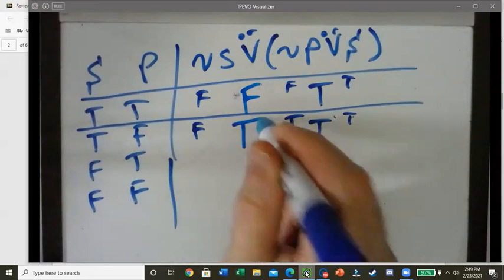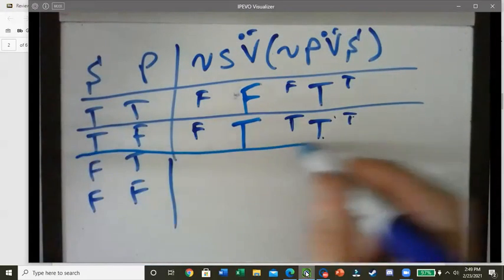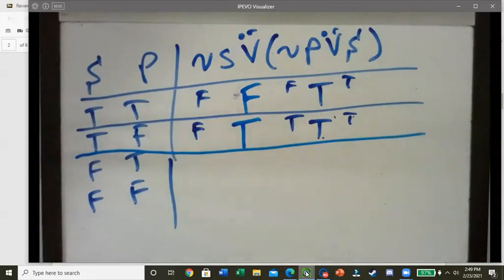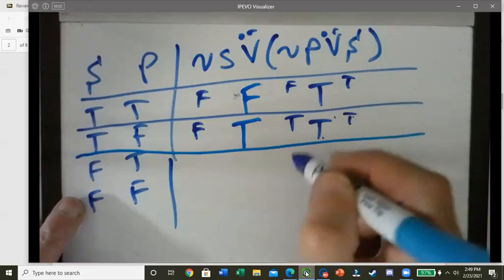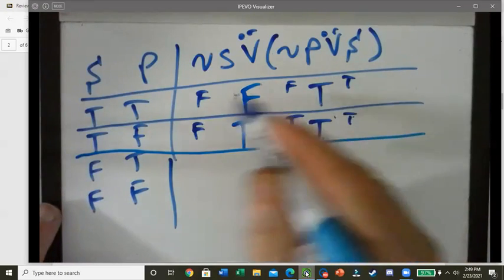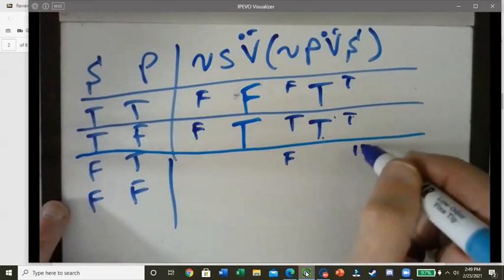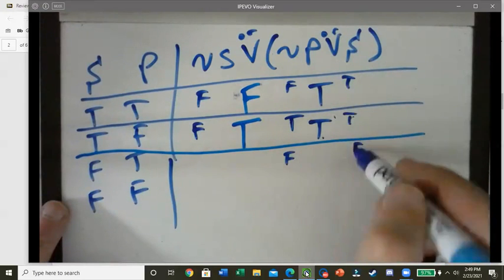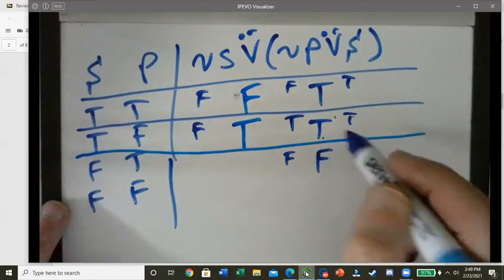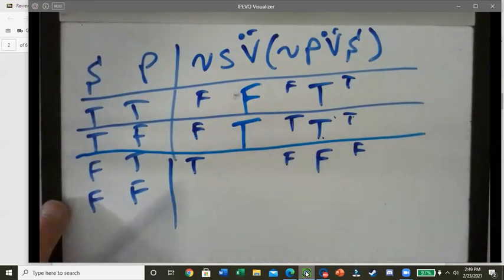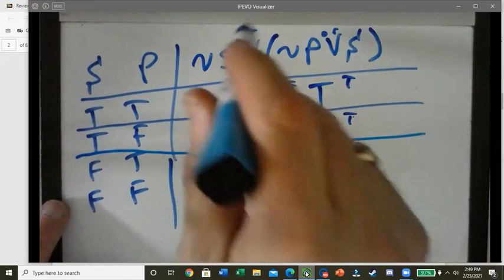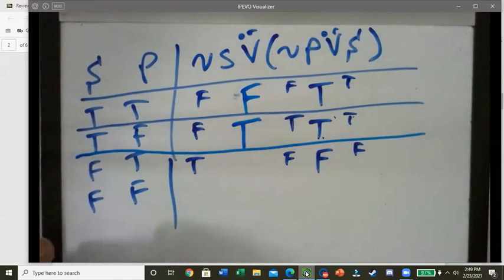I mean, that's true this time. Okay. So P is true, and so not P is false. S is false, so that's false. So false or false, that would make this false. So since S is false, not S is true. So here we have true or false is true.